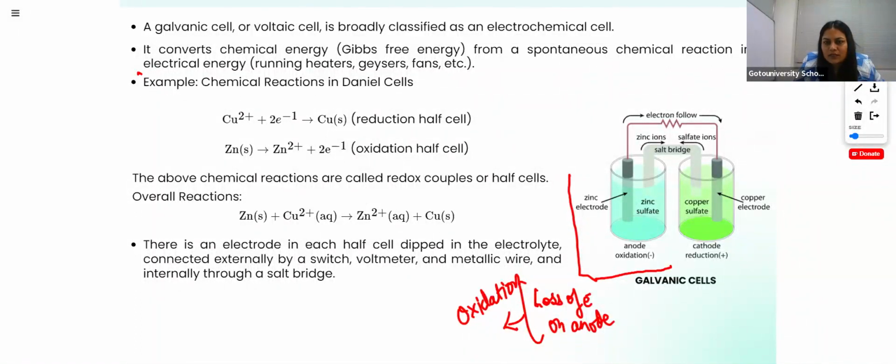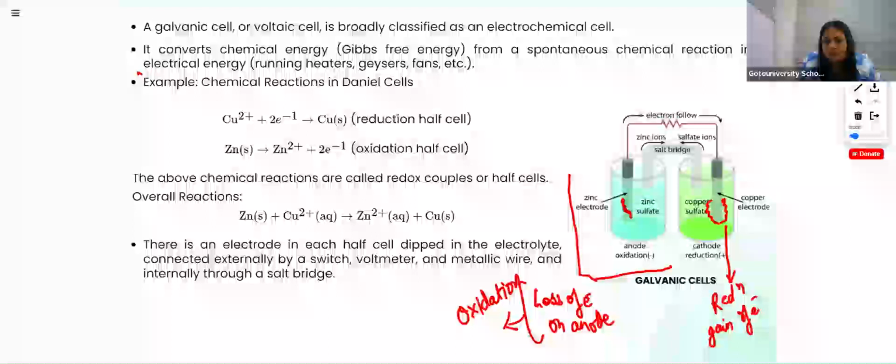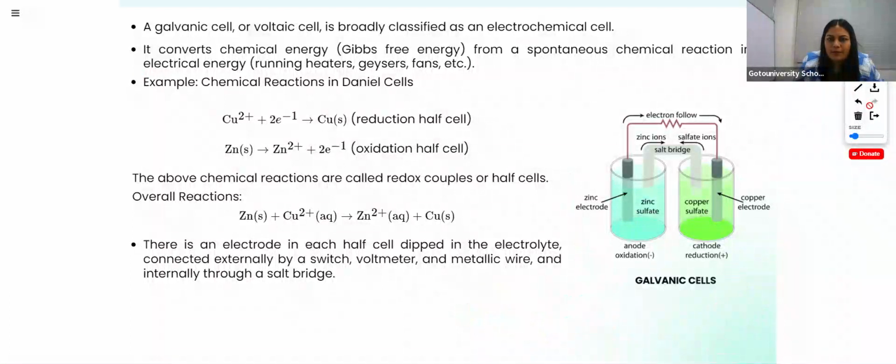On the other side, the zinc ions are getting deposited as copper here. What is happening on this side? Reduction, that is gaining of electrons. So oxidation and reduction, that is the redox reaction, take place here simultaneously.